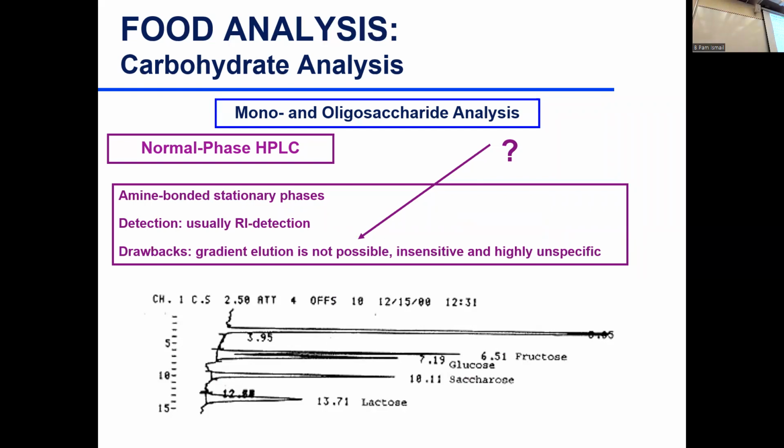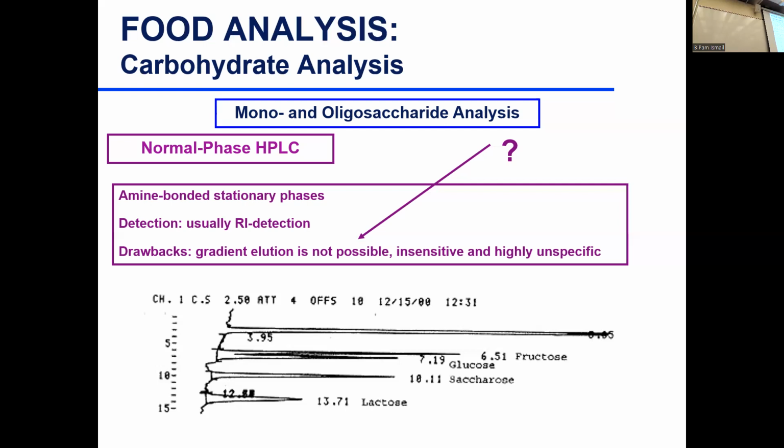Those that have the least available OH groups. So fructose has fewer available OH groups than glucose, although they're both monomers. So fructose will interact the least with the column. It has fewer OH groups, followed by, let's say, glucose, which is another monomer.